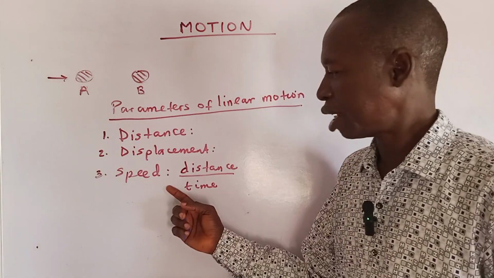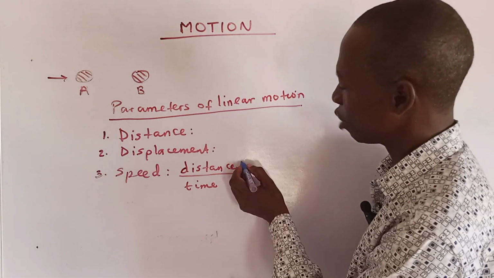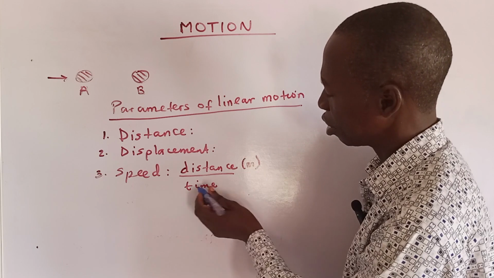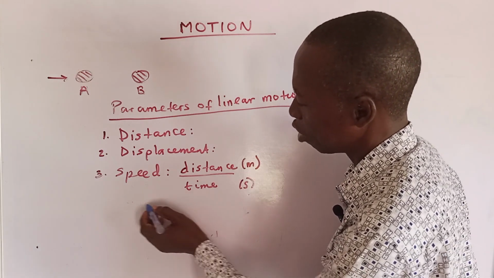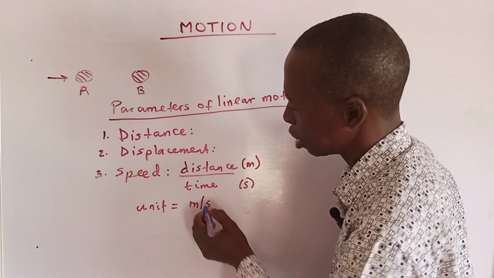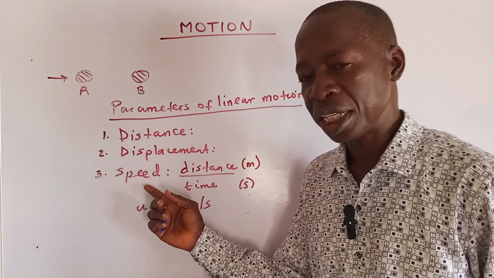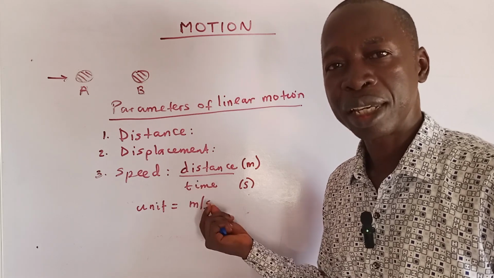Speed is distance over time. Now, the unit of distance is meters. The unit of time is seconds. So it means that the unit of speed is meters per second. So again, speed is distance divided by time.